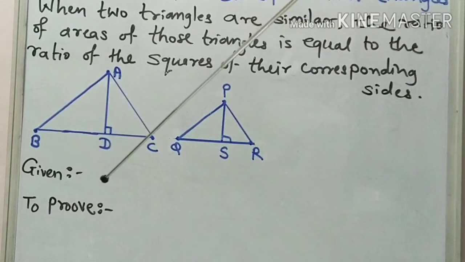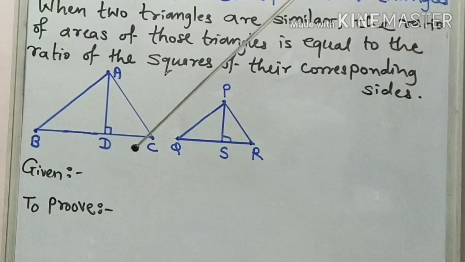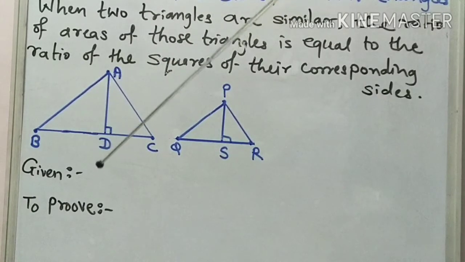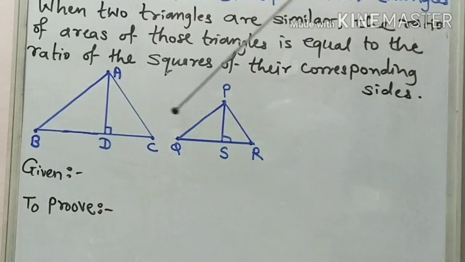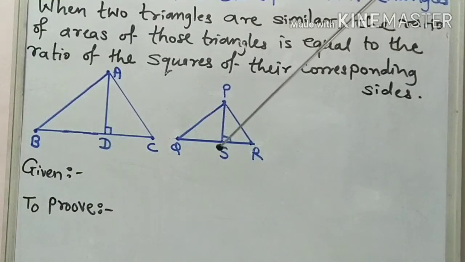So what is that property? For any two triangles, the ratio of areas of the two triangles is equal to the ratio of the product of base and corresponding height. That's why I draw these perpendiculars: segment AD perpendicular on BC means AD is the height, and the perpendicular segment PS on QR means PS is the height.